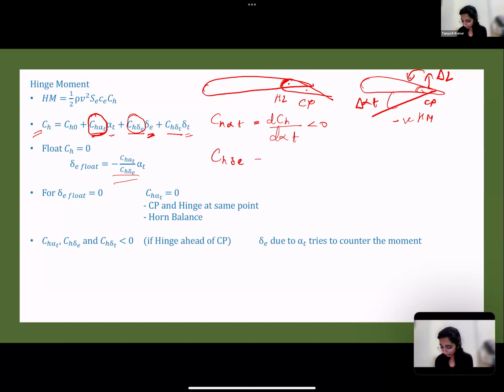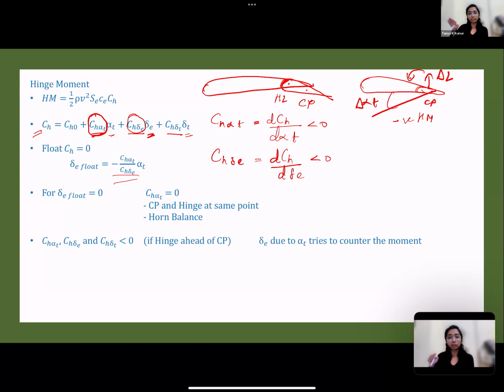Next, CH delta E. CH delta E is dCH by d delta E. Is it positive or negative? Negative, exactly. Same explanation as the previous case.